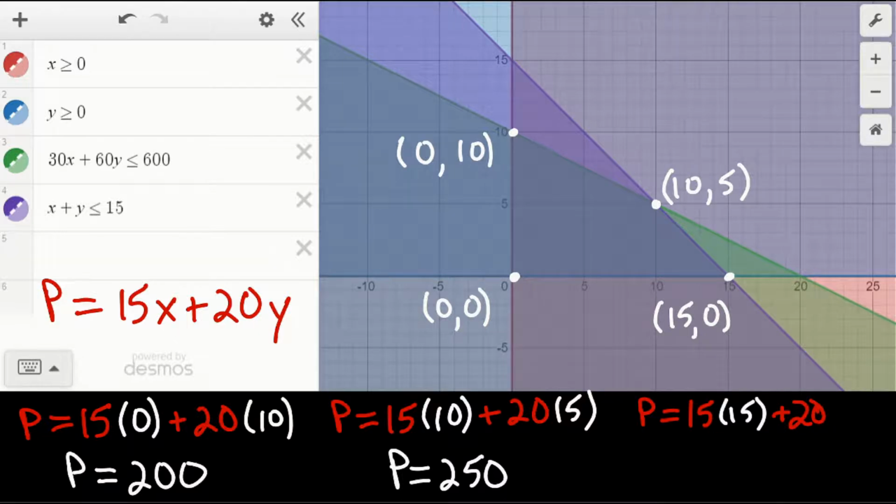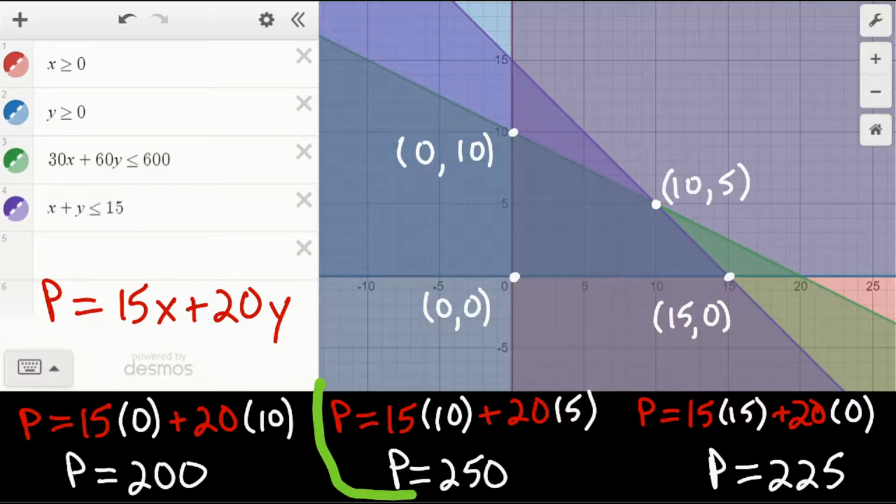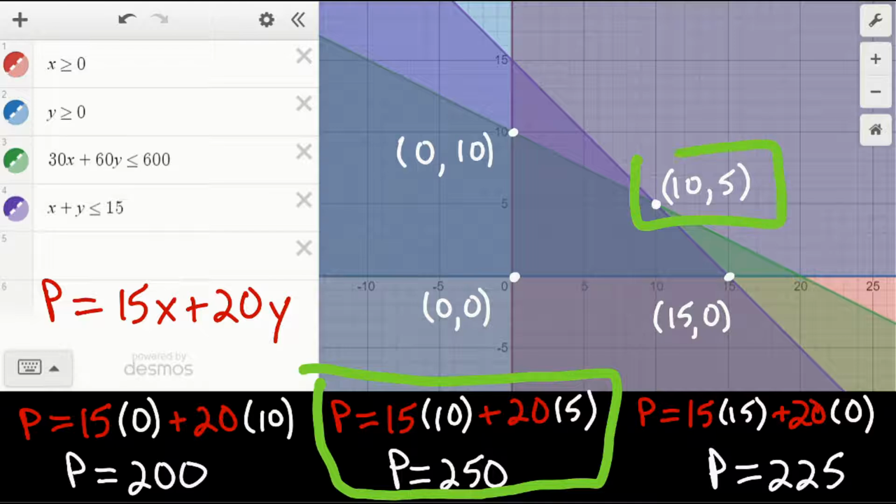So 15 times 15 is 225 plus 0. So our solution then is going to be the point 10, 5, which results in a profit of $250 per week.